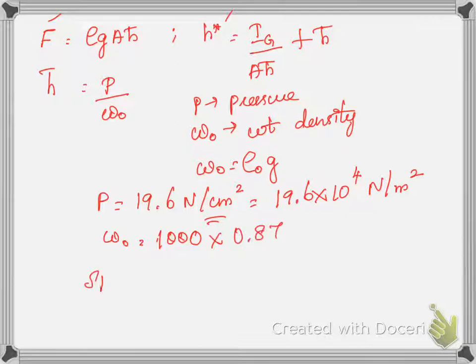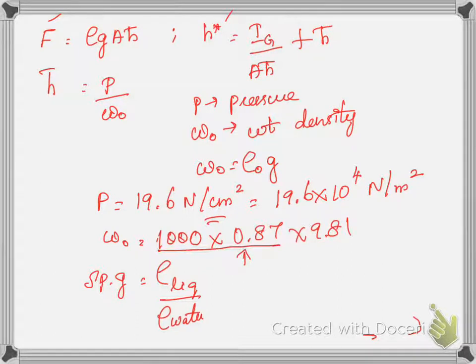We have seen the formula that specific gravity is equal to rho liquid by rho water. Instead of rho liquid, it is rho oil by rho water. That's what we have to see, into 9.81. So this is going to be my rho naught and 9.81 is going to be g. So easily I can get my h bar value. So h bar is equal to P by omega naught.